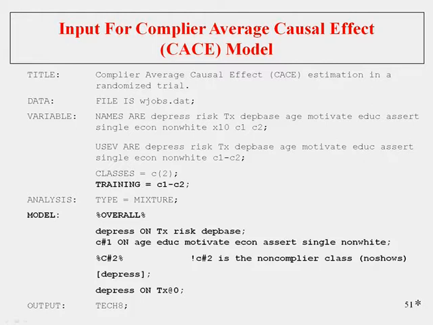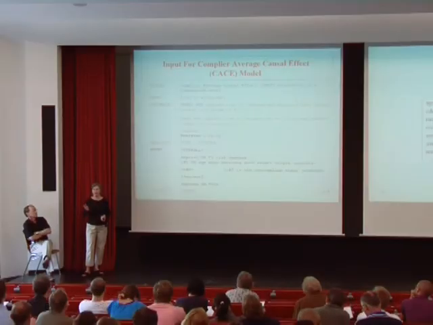It could be cat, dog, whatever. But after the equal sign, you give the name of the categorical latent variable, and in parentheses, you say how many classes it has. So here we're saying that we have one categorical latent variable in our model, C, and it has 2 classes.